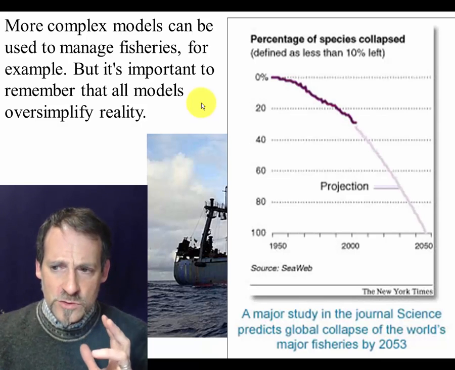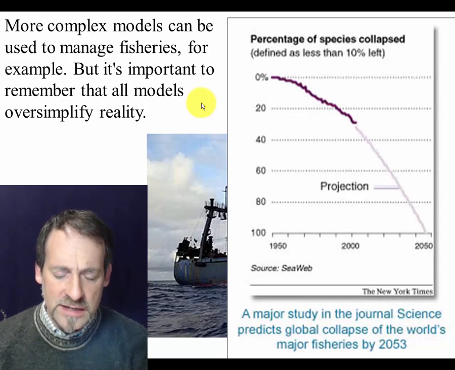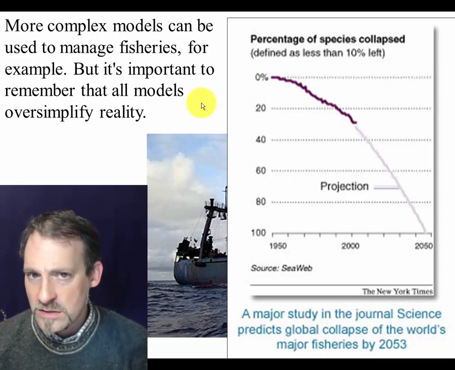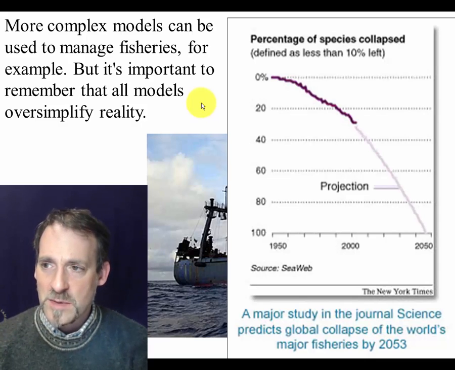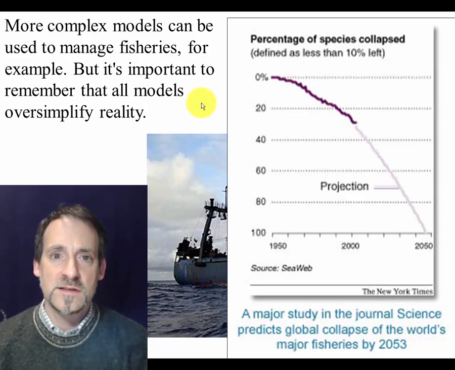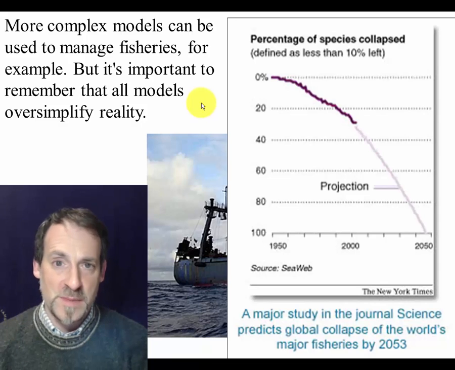But if you set up your model such that it's saying, okay, the carrying capacity of this is 22,000, it stays the same every year, and you fish out as many fish as you think the population can handle, you're actually going to send it into what's called a death spiral.